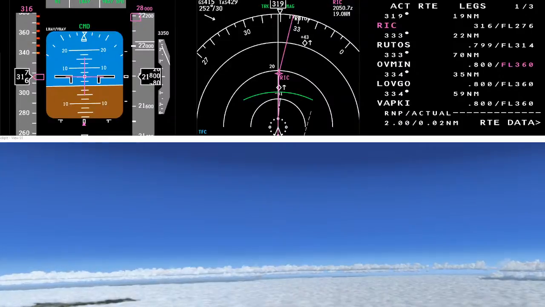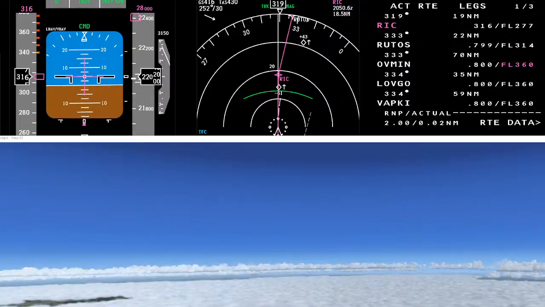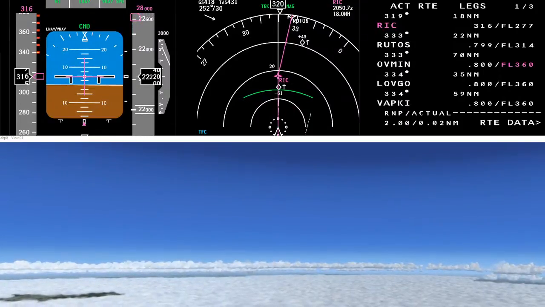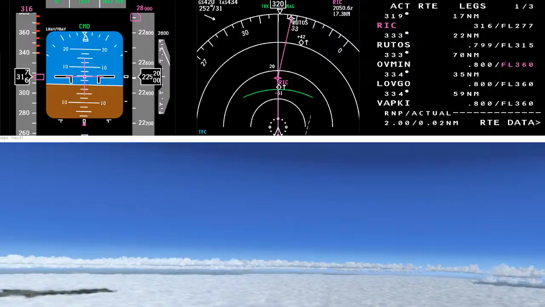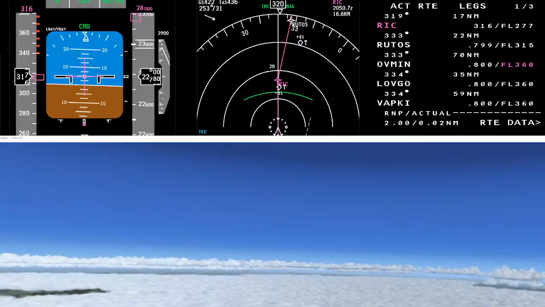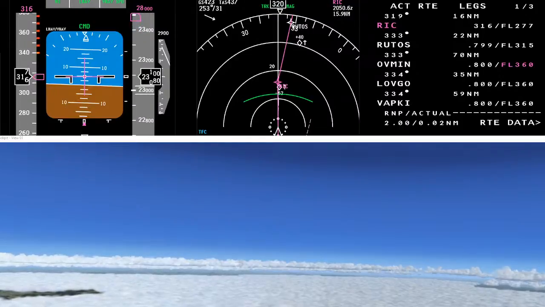Logic update velocity 958, crossing 1600. Velocity 958, Sydney departures, g'day, cancel SID, fly heading 360, climb flight level 280, you're identified. Cancel SID, heading 360, climb flight level 280, okay. Mike Charlie 012, contact Brisbane Centre, 133.0. 133.0, Mike Charlie 012.